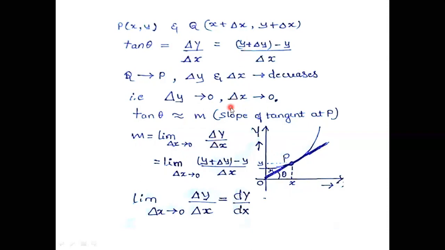Substitute this value here. What will I get? The limit as delta x tends to 0 of (y plus delta y minus y) divided by delta x. So the limiting function for the ratio delta y upon delta x when delta x tends to 0 is nothing but the derivative of y with respect to x, or differentiation of y with respect to x.